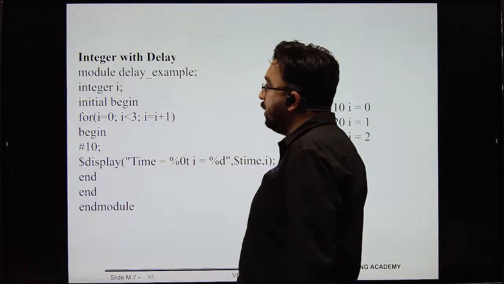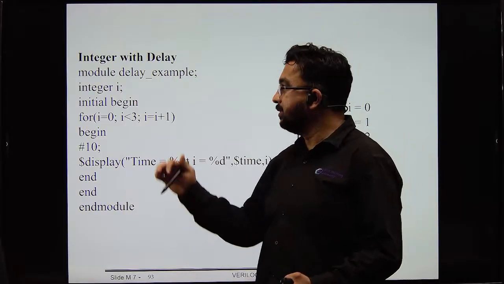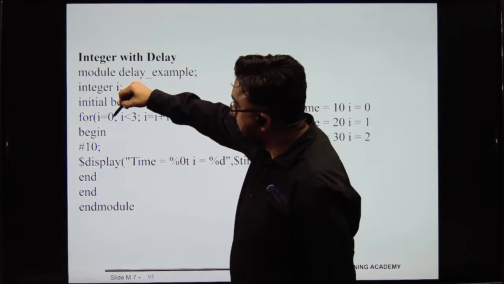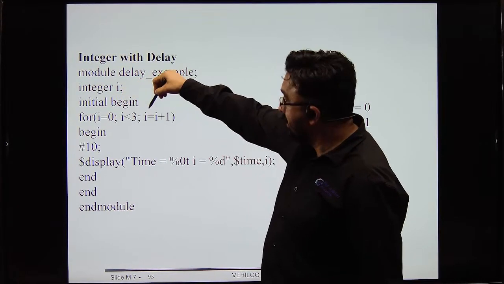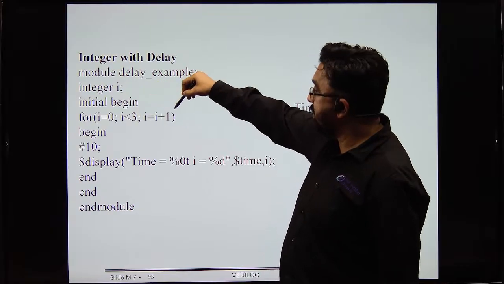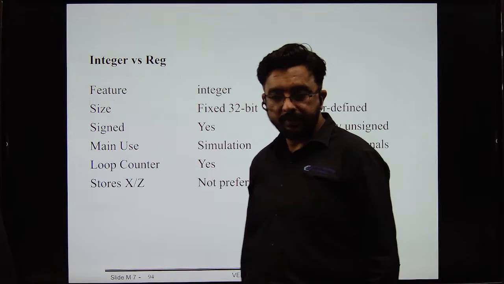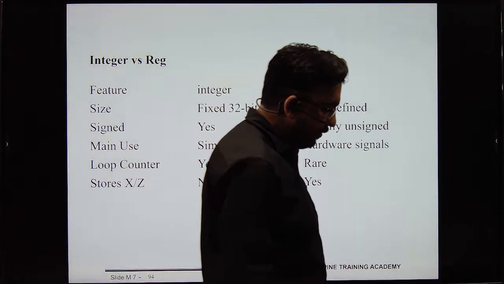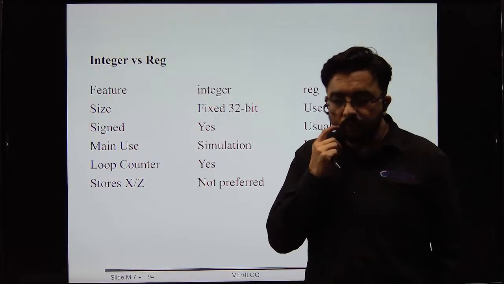Just for your understanding, that is how I is used. Again, this is numeric 0 1 2 3, this is numeric 3 2 1 0, and this is again numeric. Just a basic difference between integer and reg. What is integer?